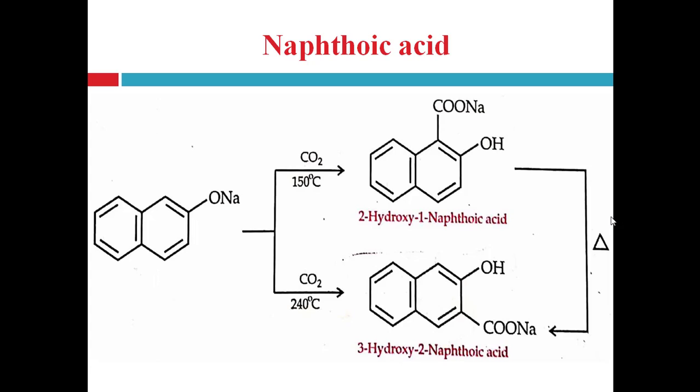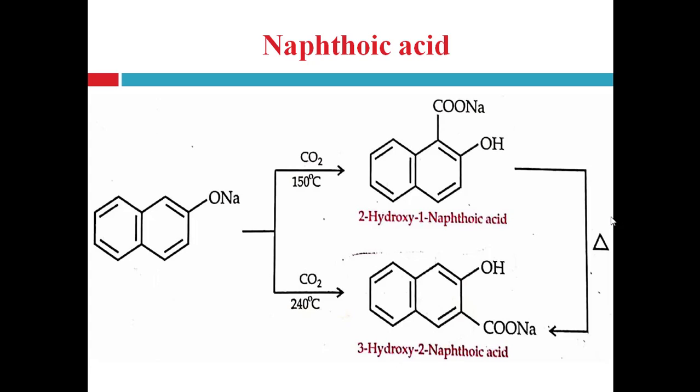Next, Kolbe-Schmitt reaction. Naphthoic acid can be prepared by using the Kolbe-Schmitt reaction. This reaction produces different products that are temperature dependent. At low temperature, sodium salt of 2-naphthol on reaction with carbon dioxide yields 2-hydroxy-1-naphthoic acid.